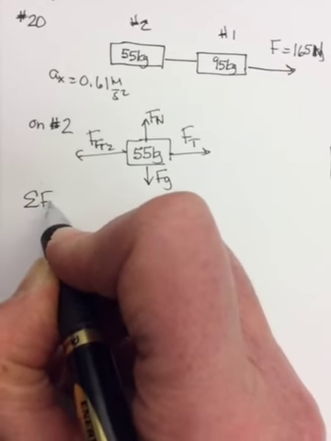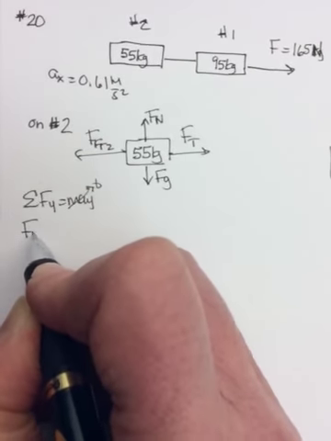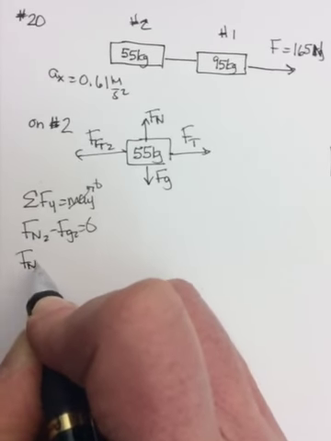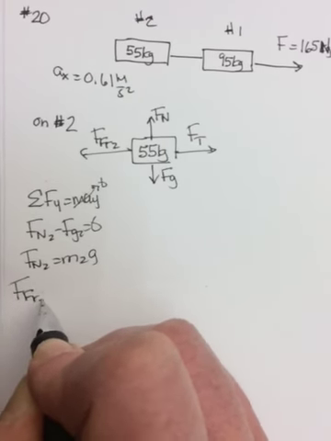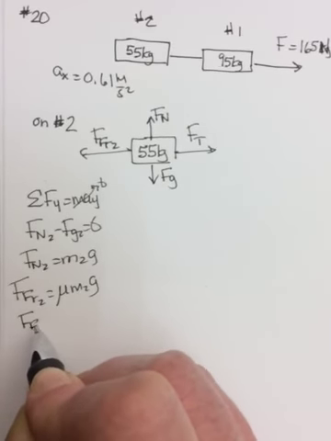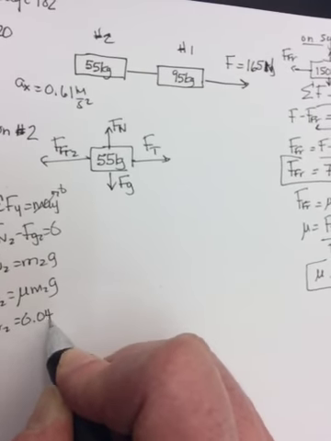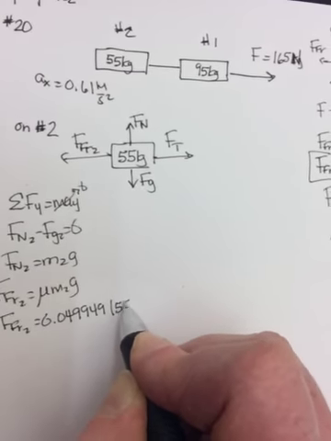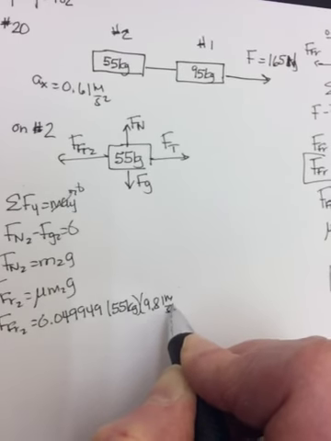Doing the sum of the forces in the y direction, toboggan 2 is not moving in the y, so it'll be Fn2 minus Fg2 equals 0. So Fn2 will equal M2G. And so then friction on number 2 will equal mu M2G, which if you would like, you can find. Mu we found to be 0.049949. M2 is 55 kilograms, and G is 9.81 meters per second squared.